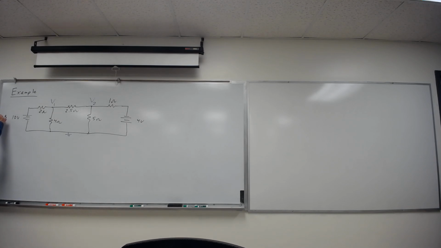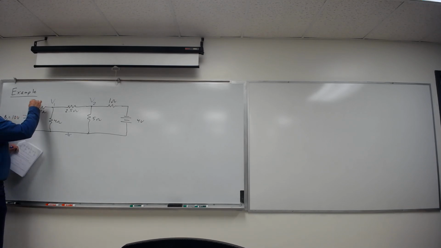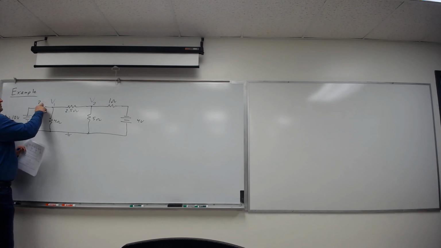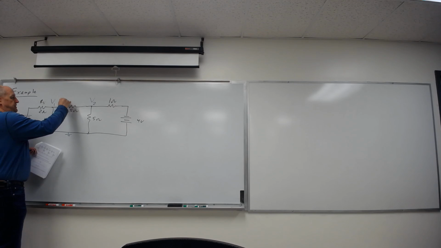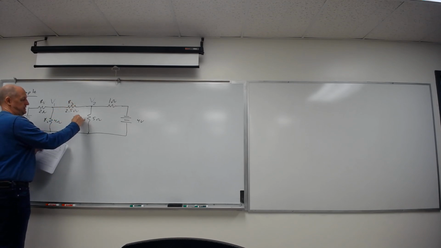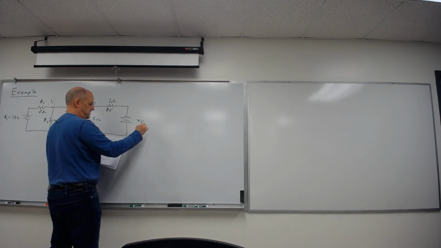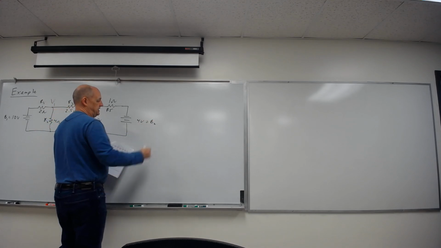So this is battery 1. This is 2 ohms. 2 ohms. R1, already put the values down. R1, R2, R3, R4, R5, it's battery 2.